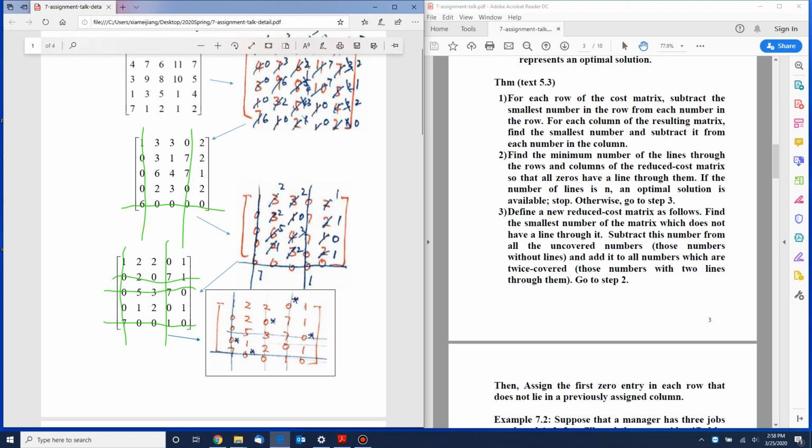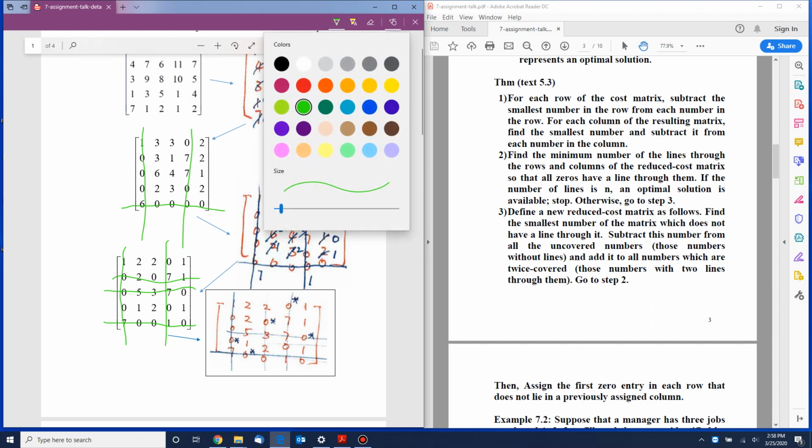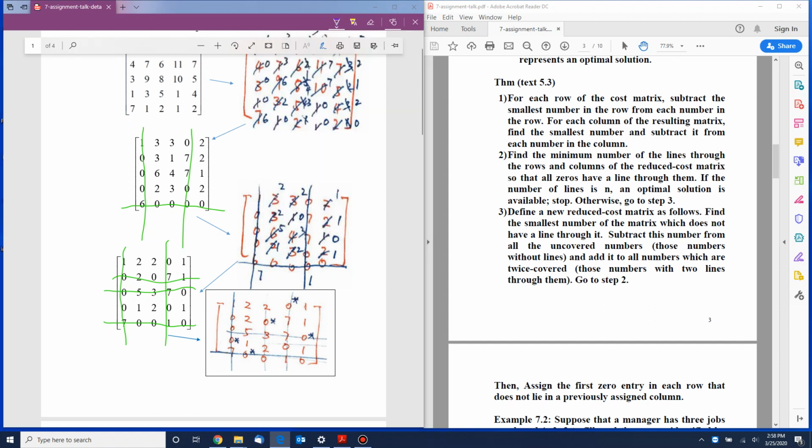Then you could see, if I choose this one, in a different color, I could choose that purple one. So I choose this one with a star. When you choose this star, the rest of the stars are gone.